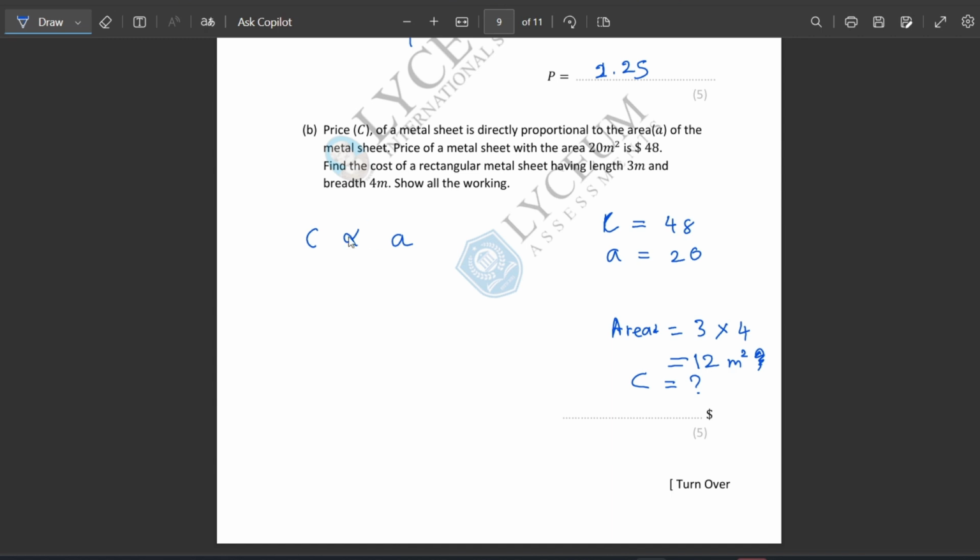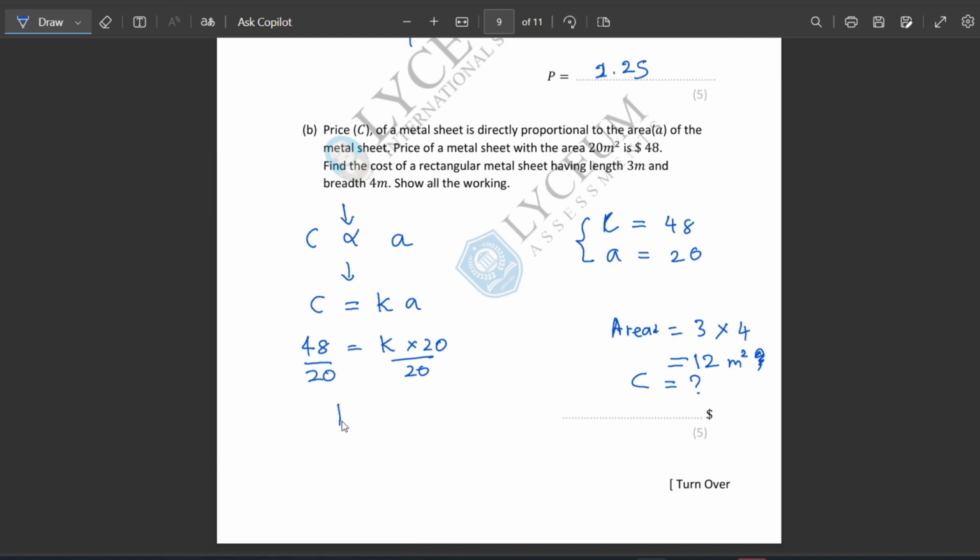So again this is a proportionality question. This is the proportionality symbol. So we can turn this into an equation by using a constant. We can find the constant value using these two given values. 48 equals k times 20. To find k, we divide both sides by 20.